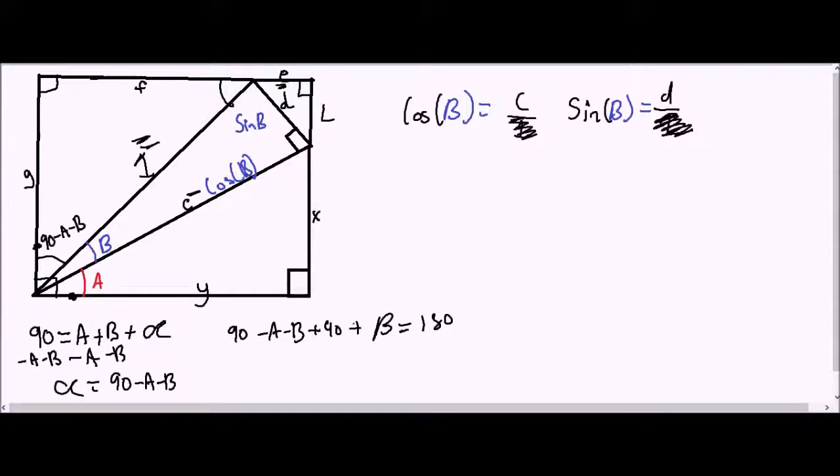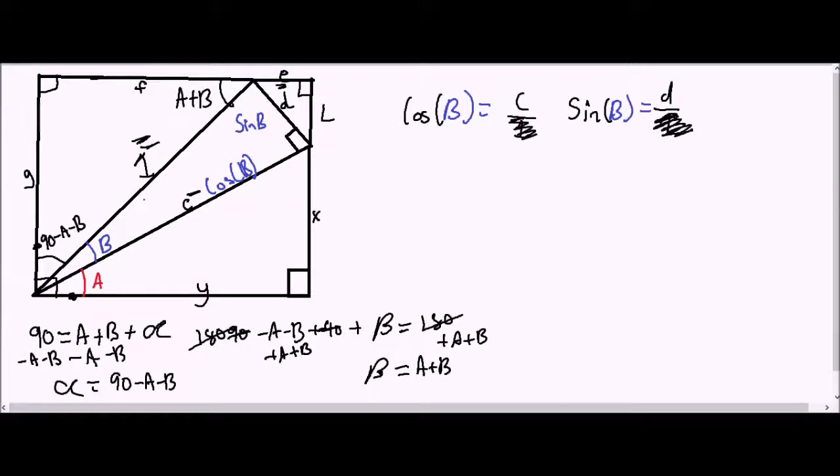We realize that 90 plus 90 is really 180. Then we know that we have a 180 on both sides, so we can subtract them from both sides. I'm just going to cancel it. And then to solve for beta, I have to add A plus B to both sides. So then we get beta is equal to A plus B. So this angle over here is A plus B.